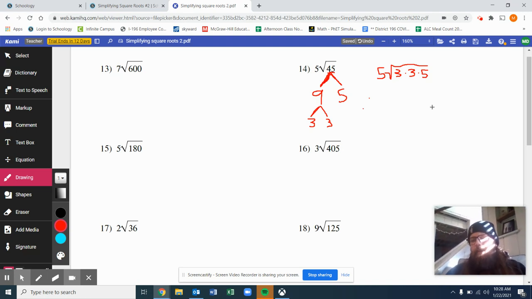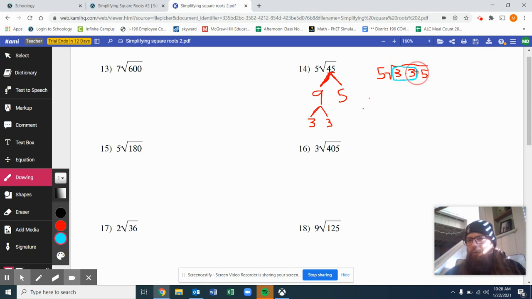So why did I do that? When I break it all apart like this, I want to find numbers that duplicate, numbers that exist as a set of twins. You'll see in this problem, I have these 3's in a group.